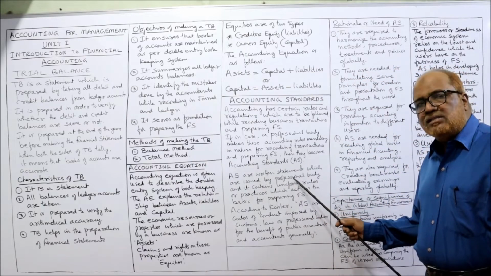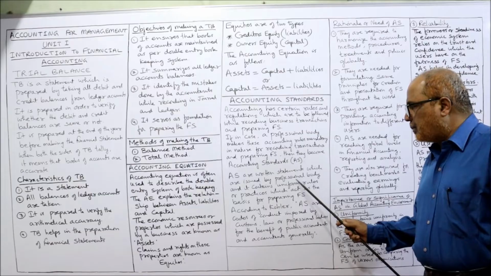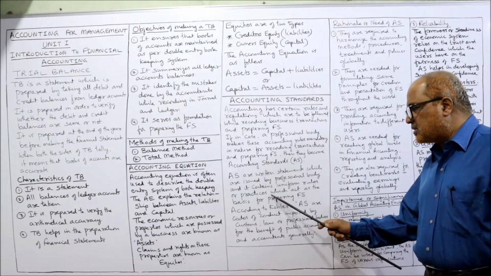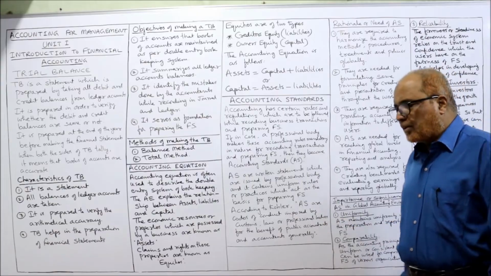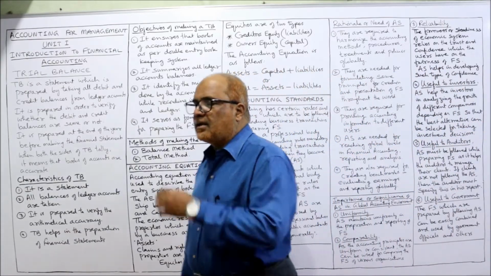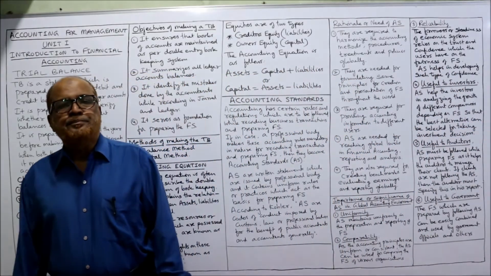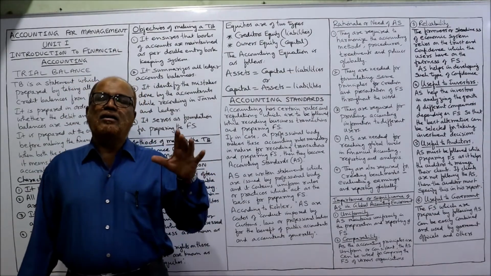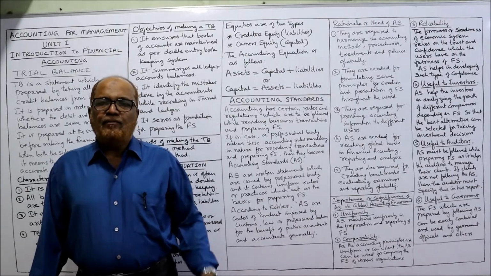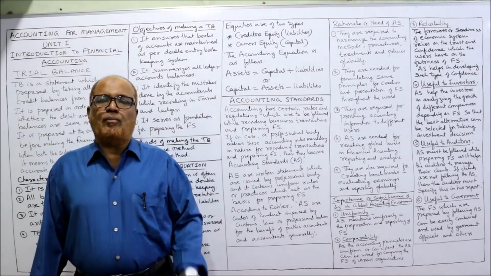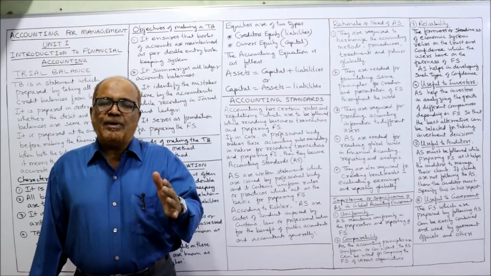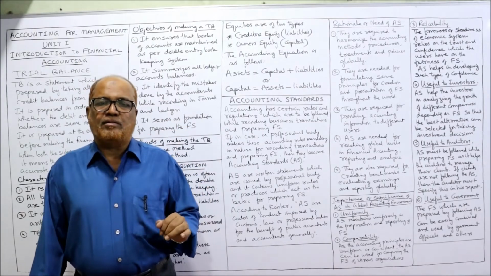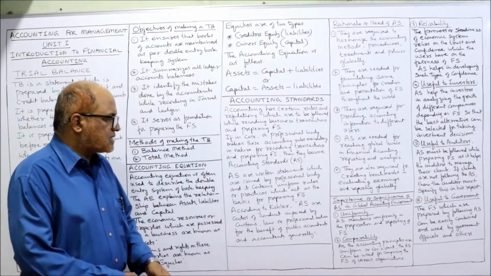Accounting standards are written statements issued by a professional body, containing uniform rules or practices which act as the basis for preparing and presenting financial statements. So these accounting standards are the written documents issued by the professional body, which must be followed while maintaining the accounts or preparing the financial statements. These are called accounting standards.